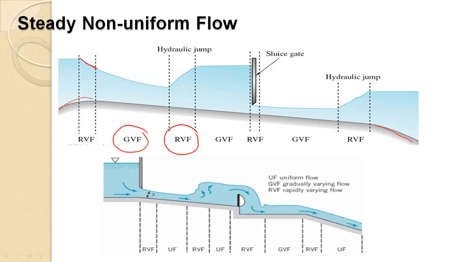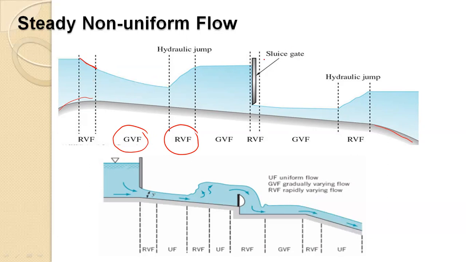Now, the water depth cannot suddenly become constant. It would take a transitional region, and then there can be a gradually varied flow from this rapidly varied section.